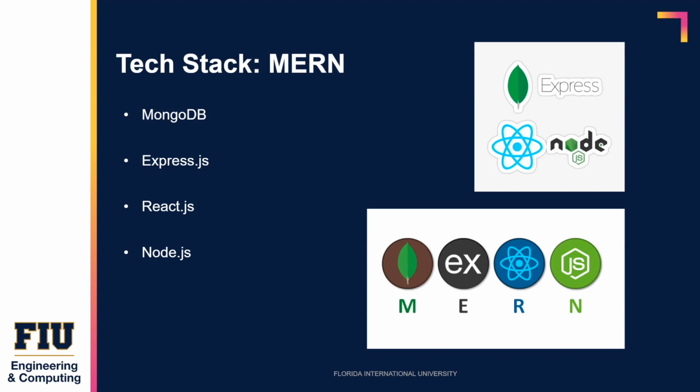The R is for React, a popular JavaScript library for building user interfaces, enabling efficient and dynamic front-end development. And the N is for Node.js, a server-side JavaScript runtime that allows running JavaScript code outside the browser.